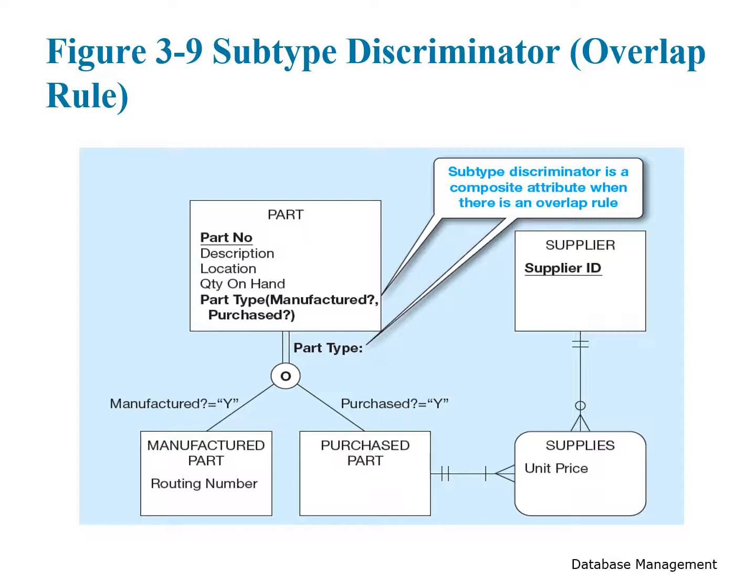So there are three possible scenarios. Number 1, manufactured yes and purchased yes. Number 2, manufactured yes and purchased no. Number 3, manufactured no and purchased yes. Note that it is impossible for this scenario to occur: manufactured no and purchased no. Why is this not possible? Because of the total specialization rule, at least one of these has to be yes. Why?